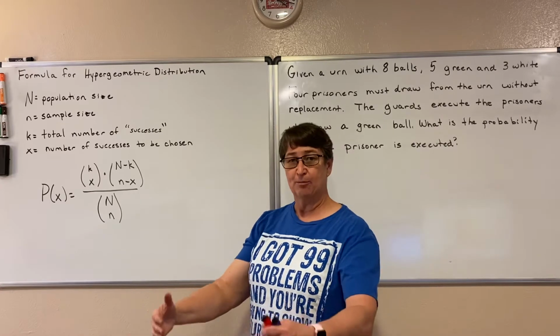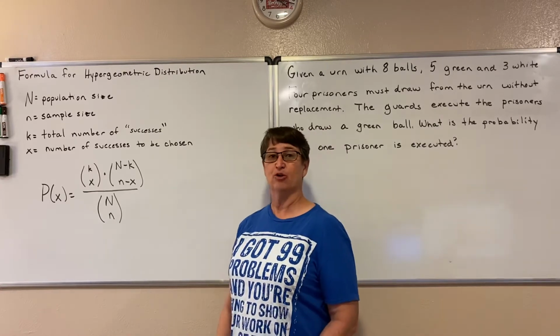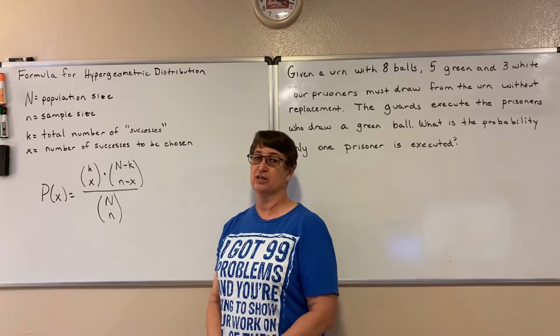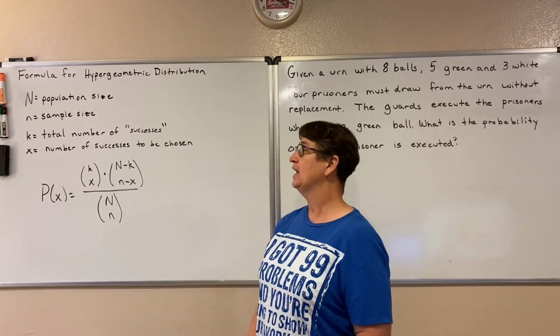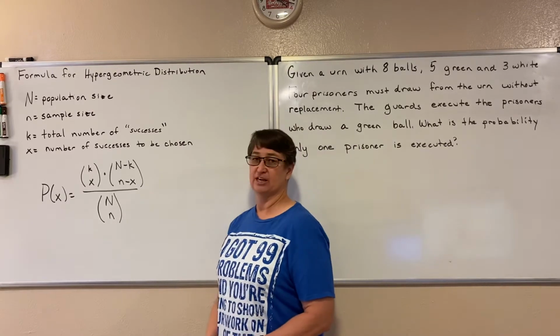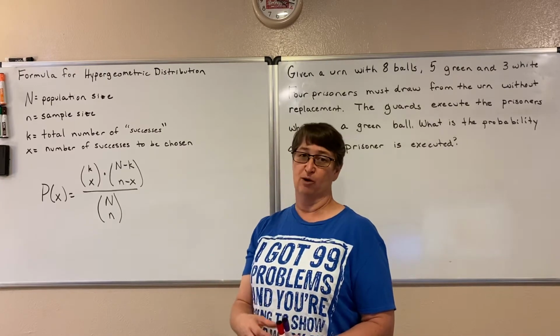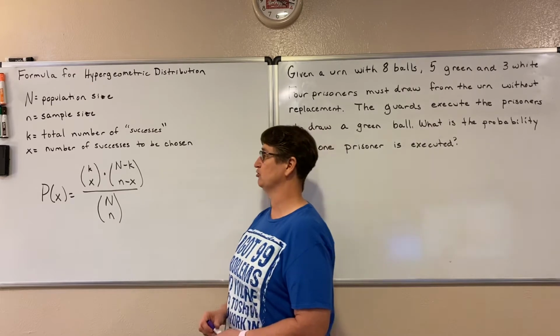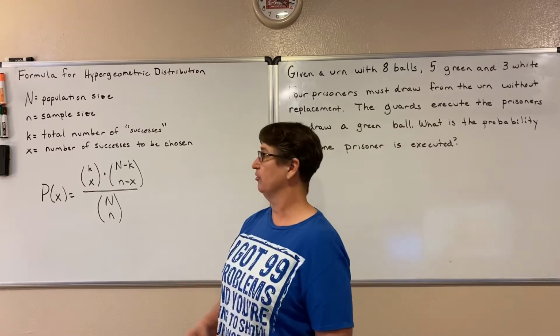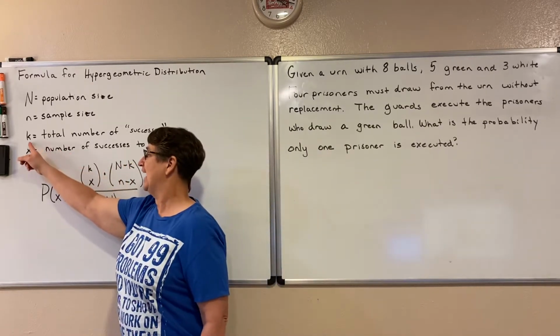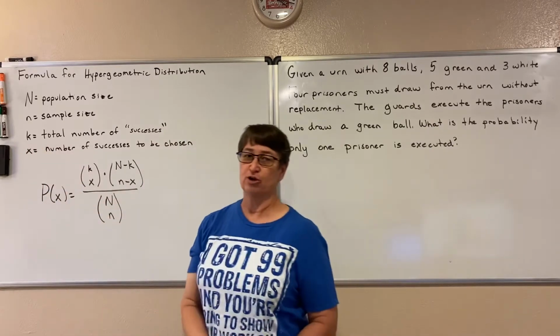We use a capital N to represent how many are in our entire population, in our entire group. And the lowercase n we use to denote how many we're choosing from that, how many of those we're choosing out. We're going to do the same here. Here, our K is the total number of successes.